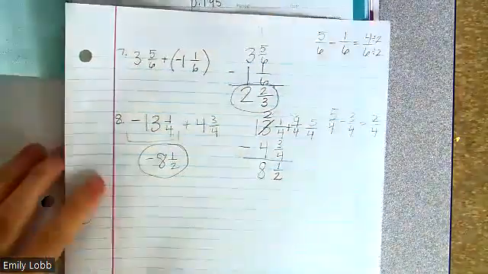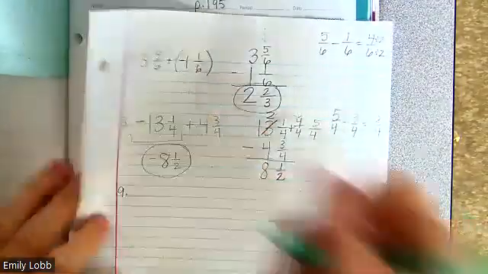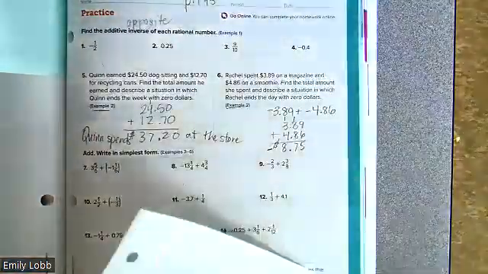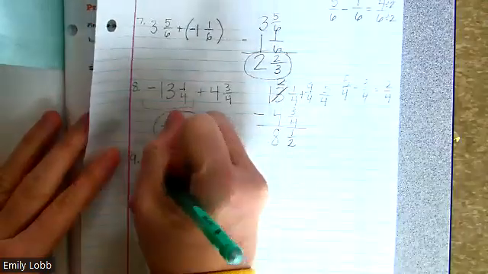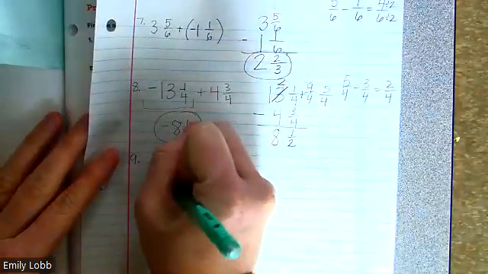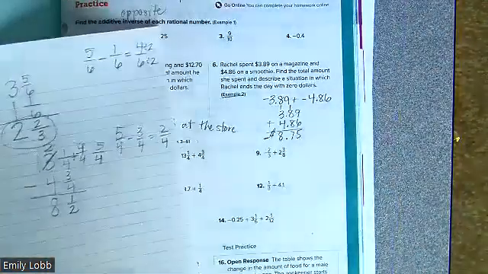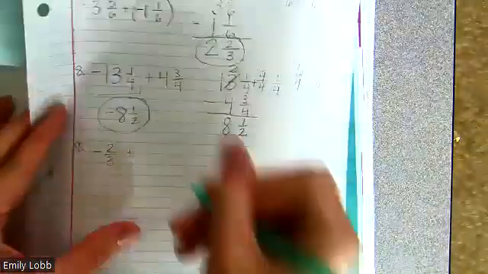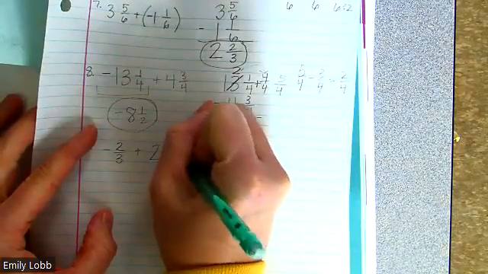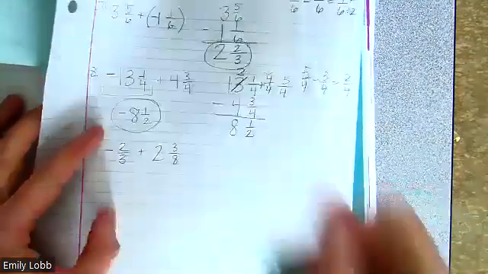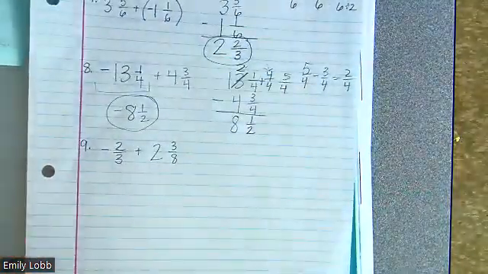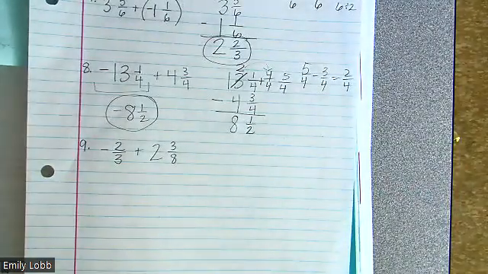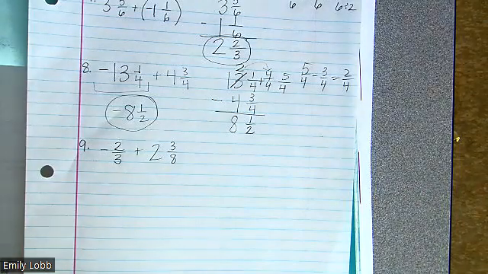All right, number 9, let's walk it through. Negative 2/3 plus 2 3/8. Do you want to change it to improper?